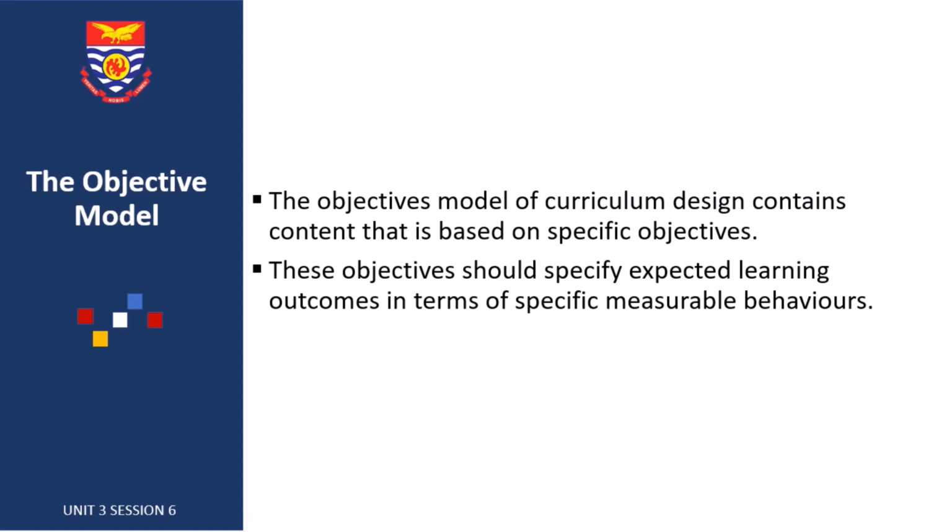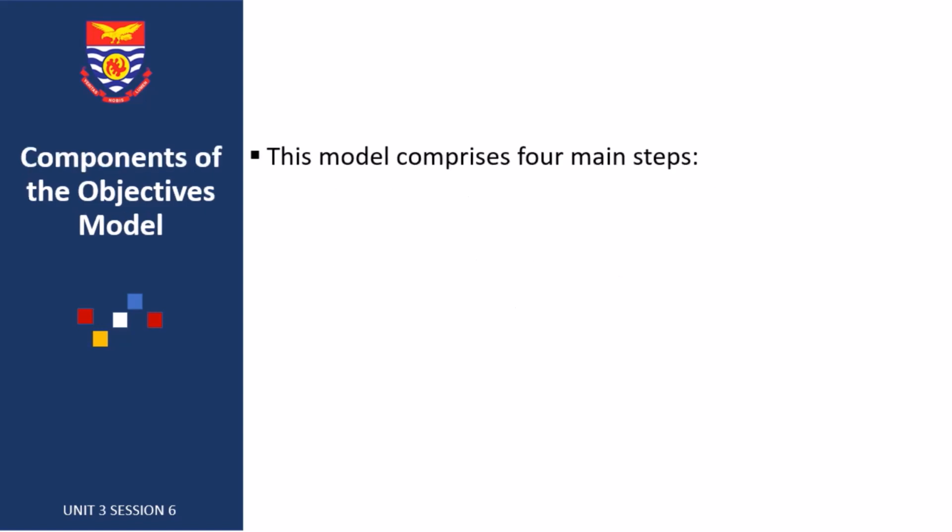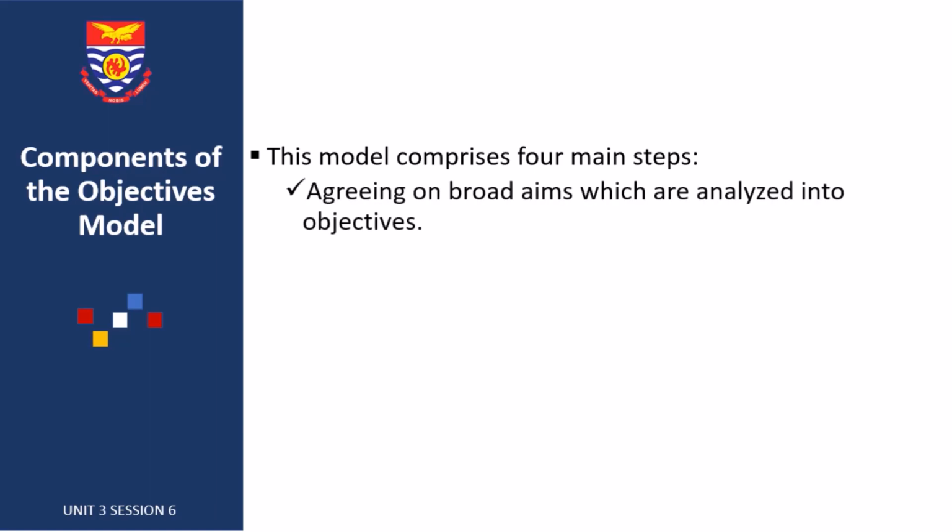Now, according to the objectives model, the model comprises 4 main steps, and these are the steps that one must consider anytime one is planning or designing a curriculum. The first step is agreeing on broad aims, which are analyzed into objectives.